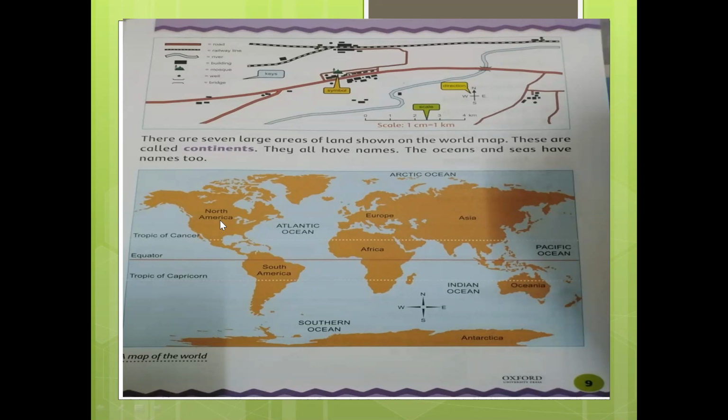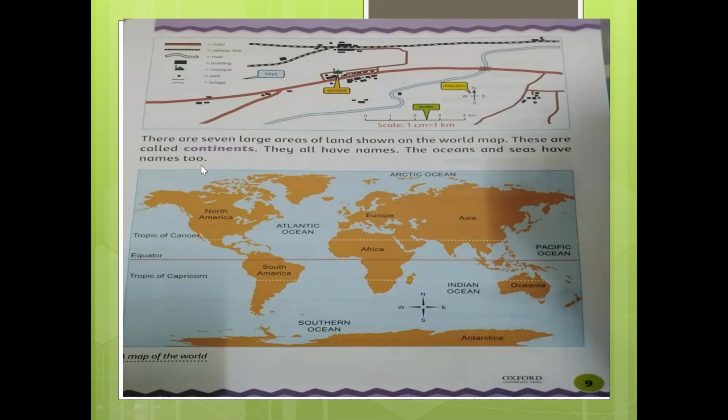So you can see the continents. How many continents? 1, 2, 3, 4, 5, 6, 7. 7 continents on the map of the world. And continents, let me tell you again, are large areas of land.